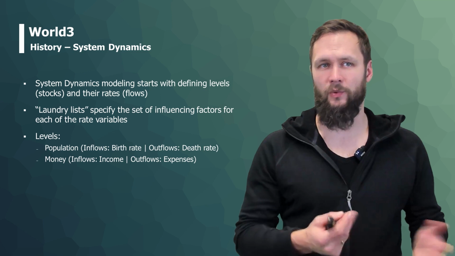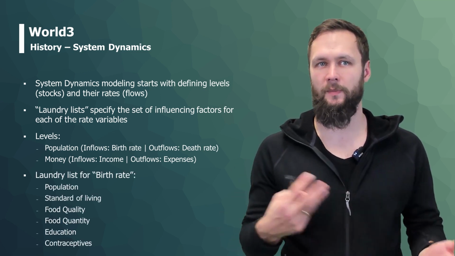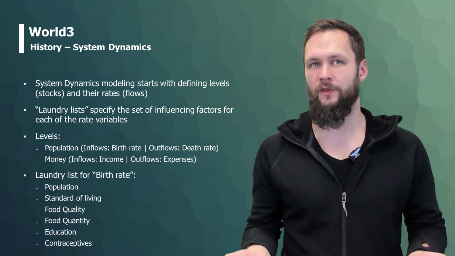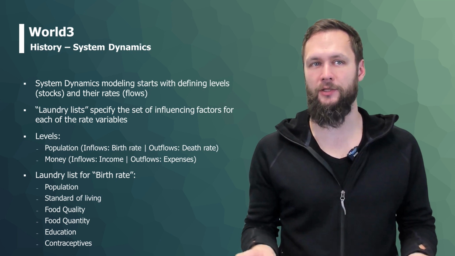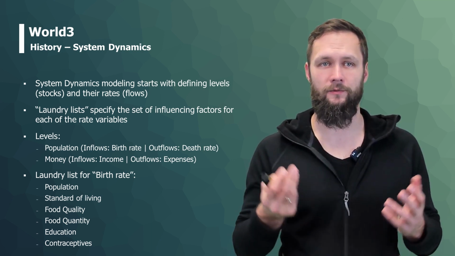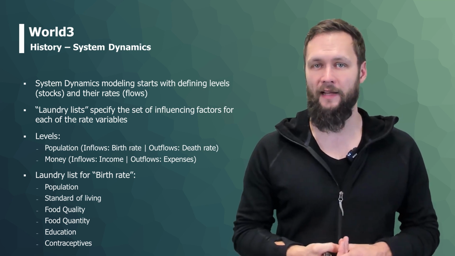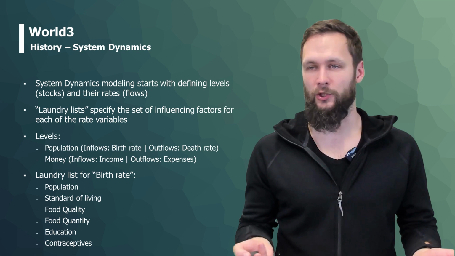And as an example for the laundry list, we can have a look at the birth rate. The laundry list specifies a set of influencing factors for each of these variables, and what influences the birth rate? It's the population itself, but it's also, for example, the standard of living. If you are living a super comfortable life and you have everything you need and even more, then you tend to get more children.